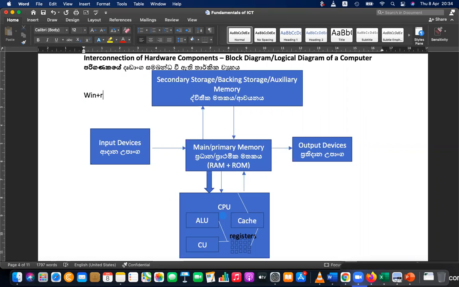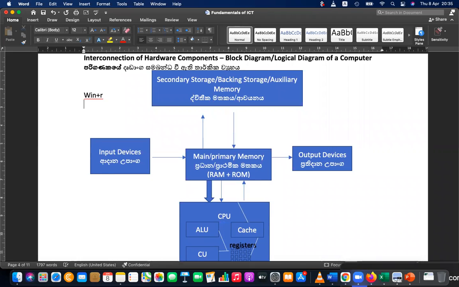In the run dialog box, type MSINFO32 without any spaces and press enter, and you'll get the details of your computer. Sir, my computer has 8 GB. 8 GB, okay, good. So MSINFO32 and press enter, and you can see the configuration of your computer.